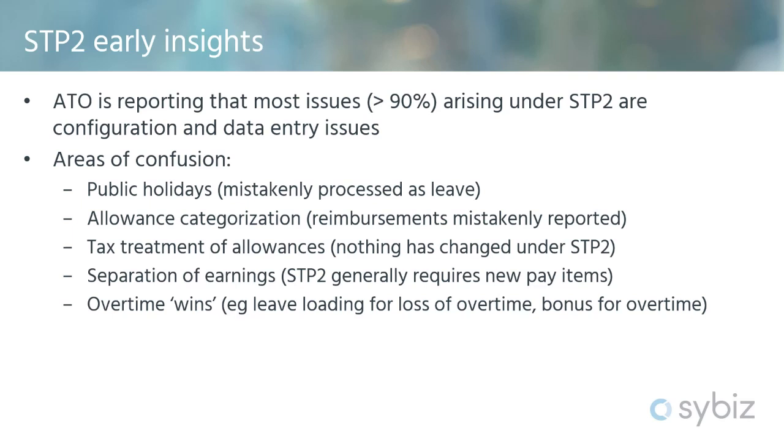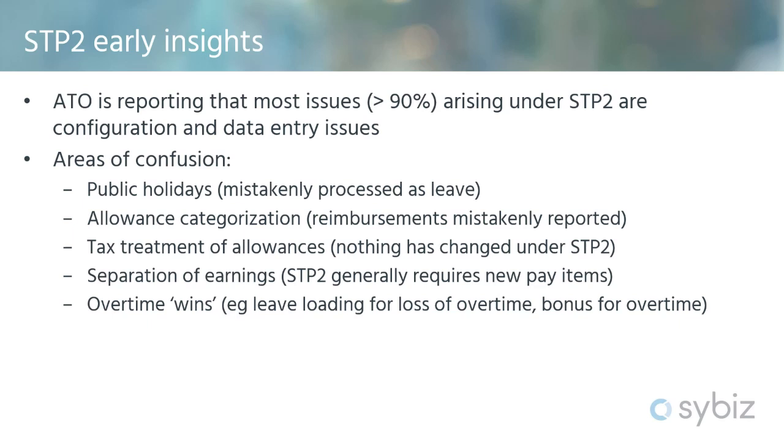Some of the areas of confusion: public holidays have been processed as leave by some people. Categories of allowances have been set up incorrectly. There was, I think, some poor communication early in the days of the ATO's communication about STP2 that made people think that every allowance was reportable, and some people were using allowances for reimbursements, and they've started reporting those as well.